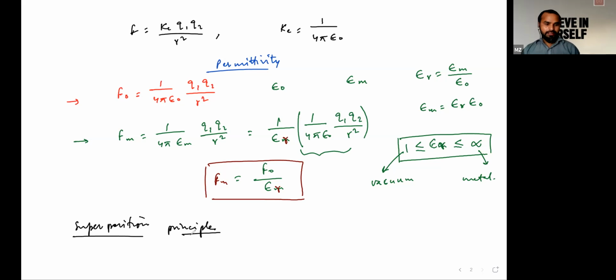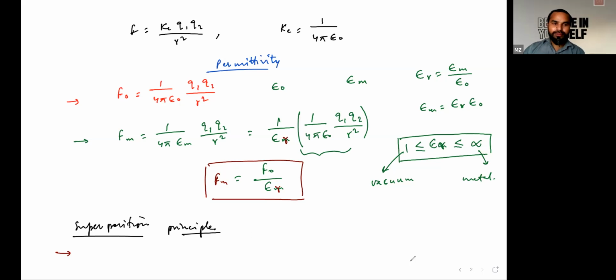It tells you if the quantities are scalar, take the algebraic sum of all terms, and if quantities are vector, take the vector sum or use the component method. As we are discussing force, it tells you the net force acting on a single point charge due to a system of point charges is equal to the vector sum of all individual forces. Okay. Yes, sir.